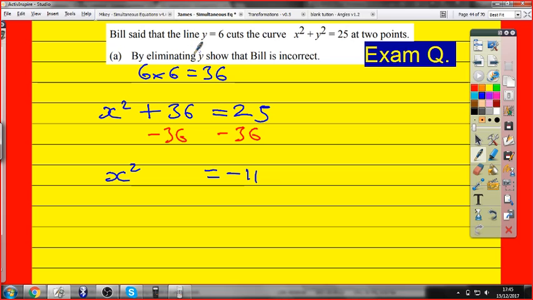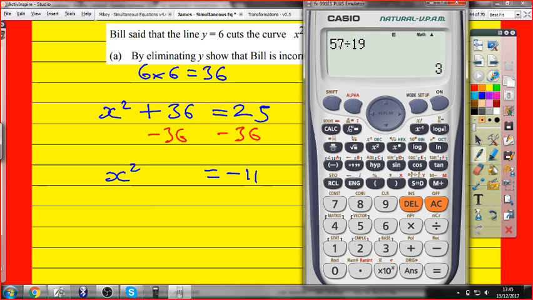You were asked to show that Bill is incorrect by saying that it's got two answers like our last one. Why is he incorrect? Because x squared, can't you not do x squared equals minus 11? Well, what number times itself will give you minus 11? Minus 5.5.